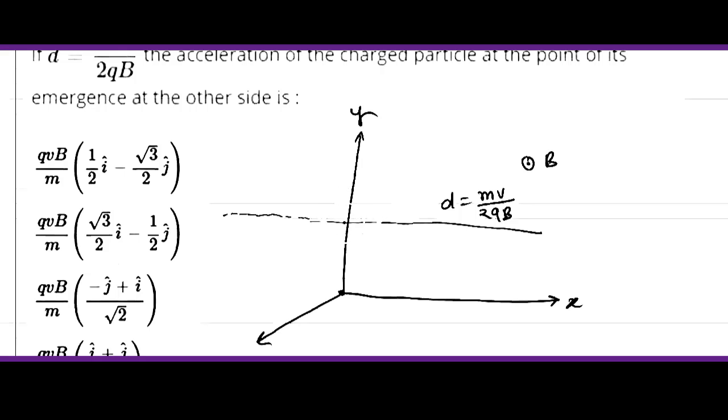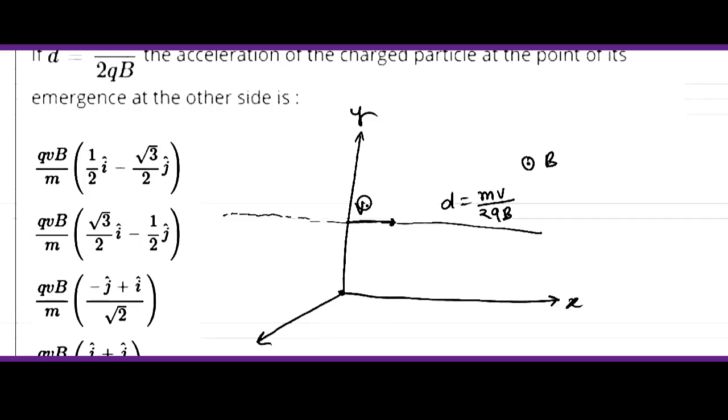So it is said that it enters into the region and travels through this region, right? So let's suppose it enters from this point, because if the particle enters through the other point, it won't be able to enter, since there the magnetic field will be in downward direction, and because of that it won't be able to enter that region, right?